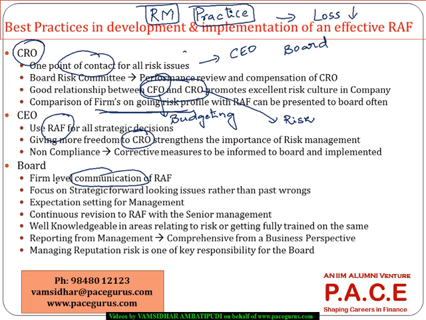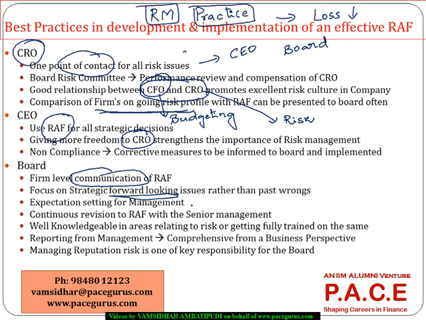That means the board has to be more and more forward looking rather than brooding over past issues. Of course, the historical things will definitely be learnings for the future, but more and more forward outlook is what is expected of the board of directors.